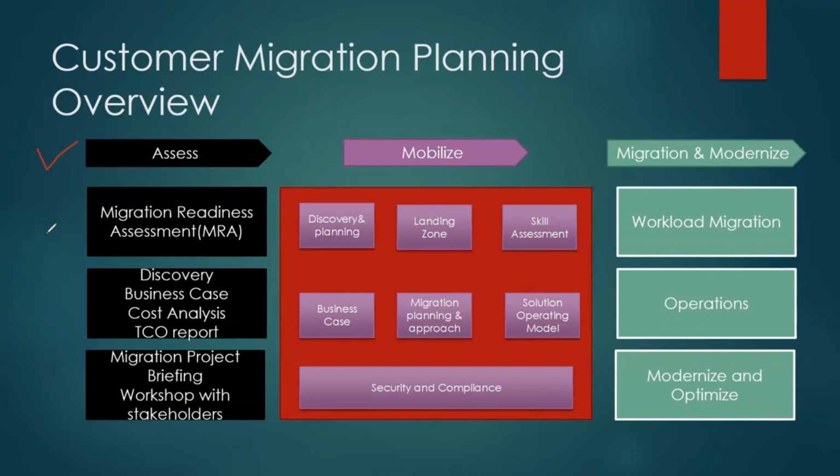That's all done in migration planning and approach. There is an MPA tool for that, and we will use various tools to assess the readiness of the current infrastructure, which is very important. The more information you have about the current infrastructure, the smoother the migration will be.